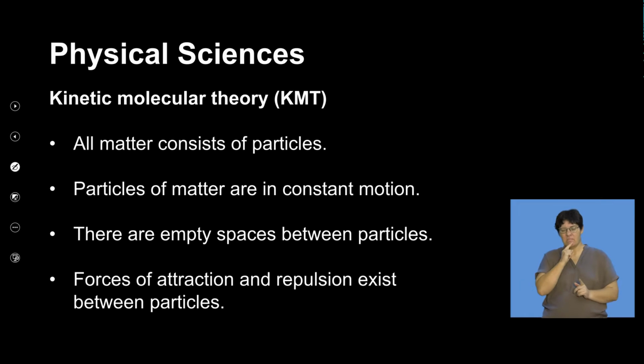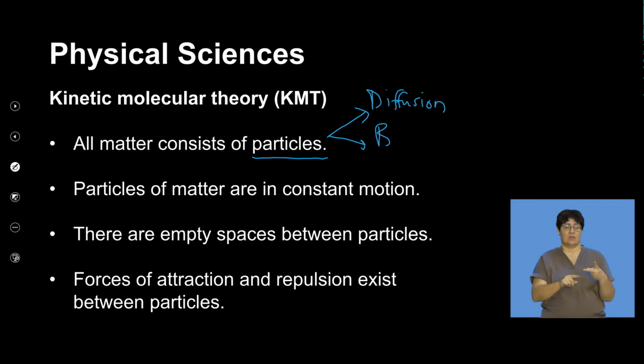The kinetic molecular theory of matter suggests that all matter consists of particles, right? As we have seen from diffusion as well as the Brownian motion, these phenomena provide evidence of the particle nature of matter.